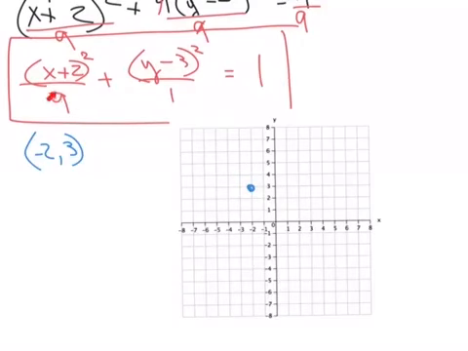Then I take the square root of that, which is 3, and I go left and right 3. 1, 2, 3. 1, 2, 3. Square root of 1 is 1. So I go up 1 and down 1. So my ellipse, try to make it look like that.